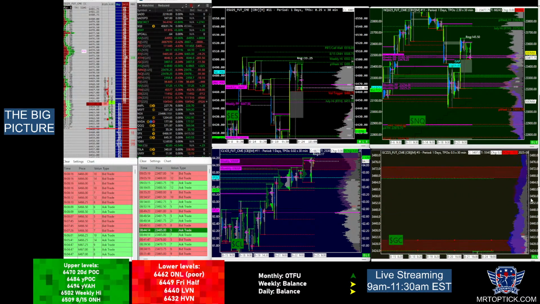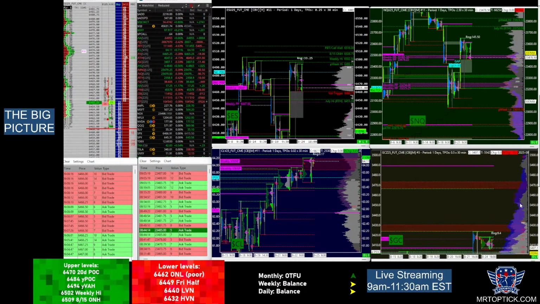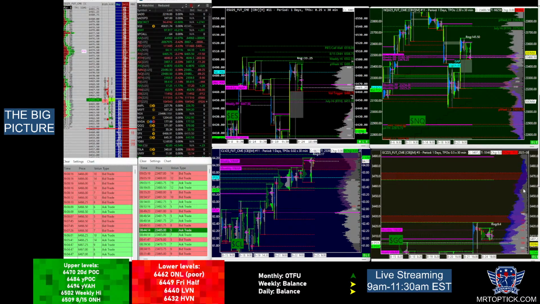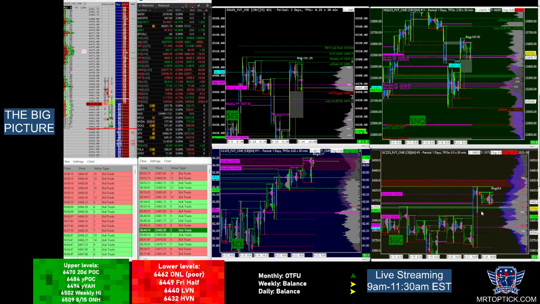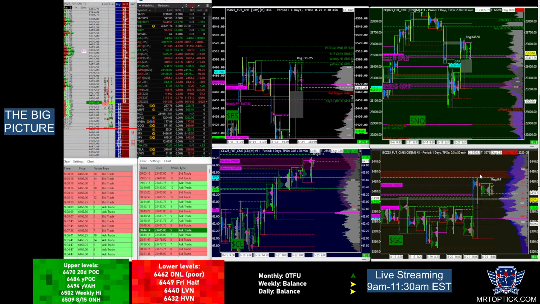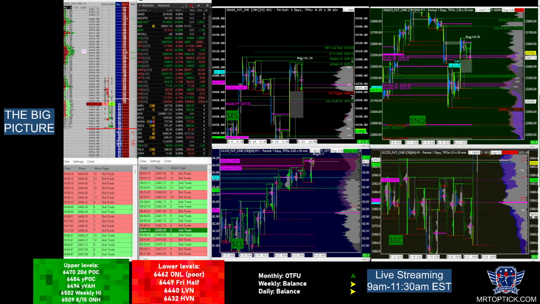If it breaks, then I'm going to be looking for a move back up to 34.55 right here, and then above that 34.90. If this holds and keeps being resistance, then right here 34.02 is the 90-day point of control right now.